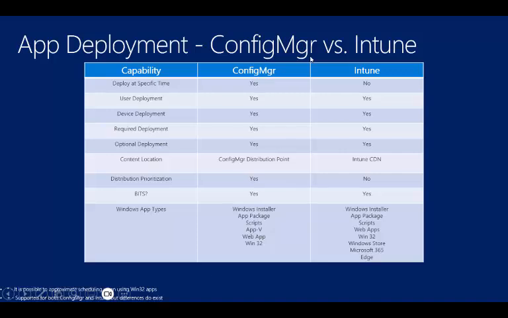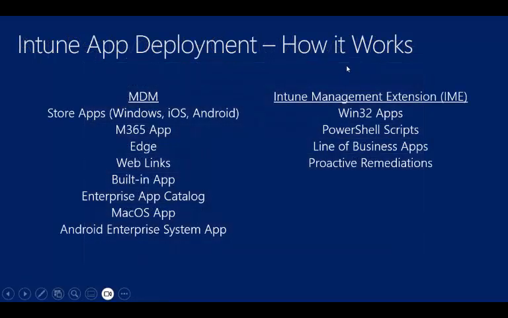But so from here, we're just going to get into looking at some of the differences, right? So one thing that I want to point out, and I'm going to drill into a little bit more as we go along, right? As we start to wrap up the session, I'll spend some time drilling more into this. Whenever we talk about deployments through Intune, you likely will think of Intune as an MDM solution, and it is, right?